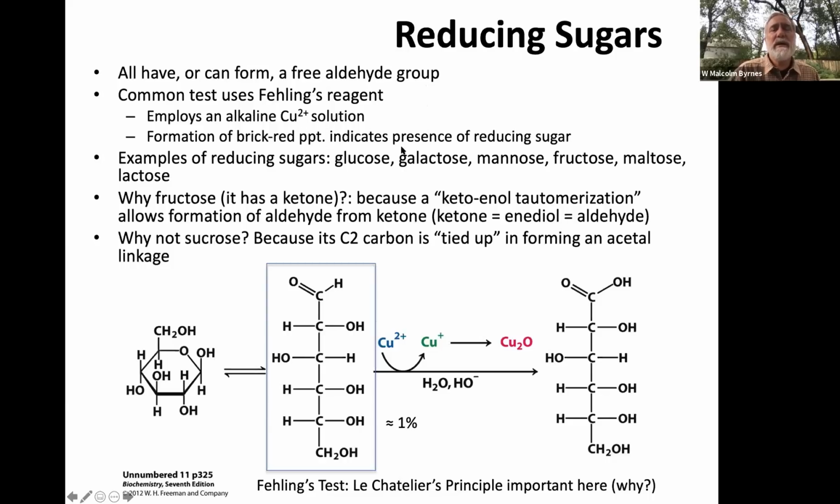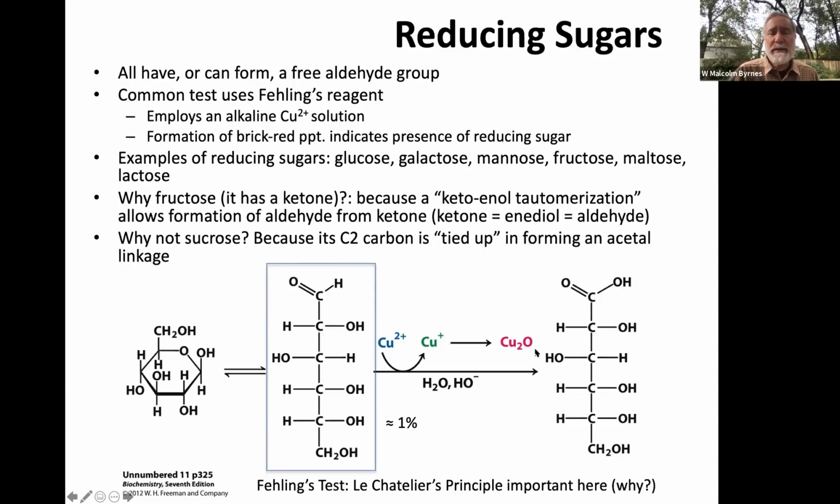And when a reducing sugar is present, a red brick precipitate will form. And down here we see what happens. Examples of reducing sugars include glucose, galactose, mannose, fructose, maltose, lactose. So you can have disaccharides that are reducing sugars and monosaccharides, okay?